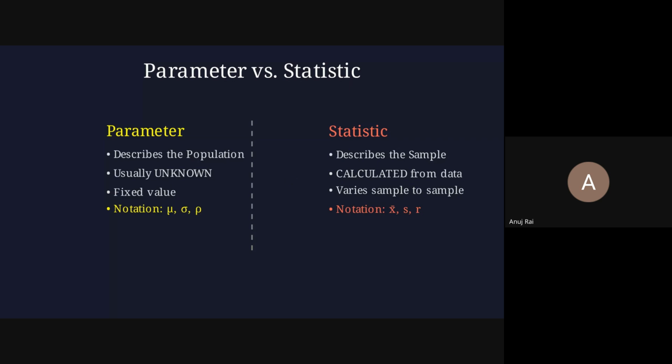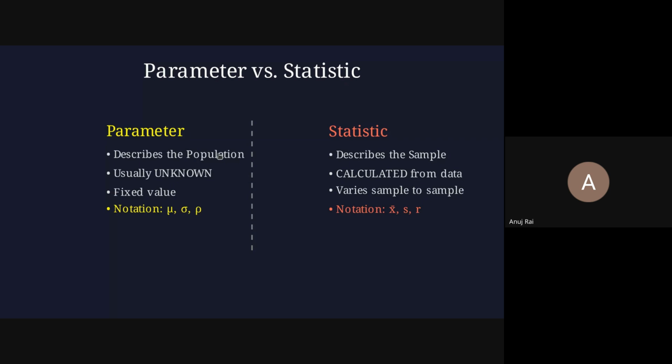A parameter describes the population and has a fixed value, because you won't get different results. The population covers all the data points, so whatever statistical summary you derive will always be a fixed value.